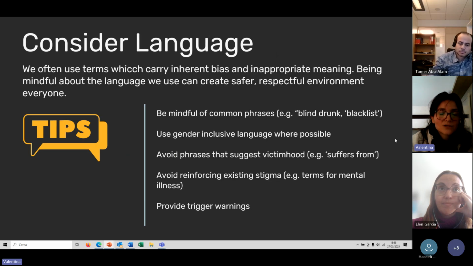And the language, as Tamer said, is very important. We often use terms which are full of bias and different meanings, and sometimes common phrases that are not really nice.